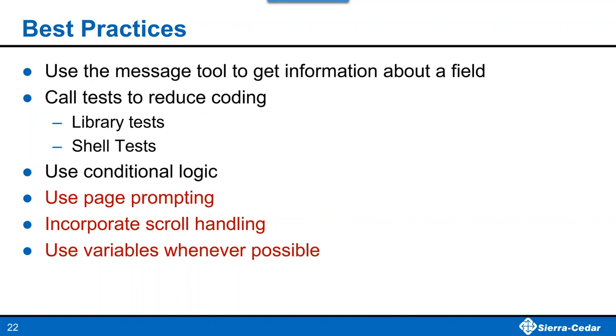The more you can call other tests in, the more efficient you're going to be. Library tests are ones that are doing the same thing over and over again, and so you can incorporate that with parameters. An example of that is if you want to bring in another login for another person, say for workflow approval or approval workflow.